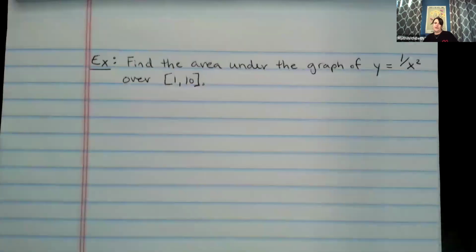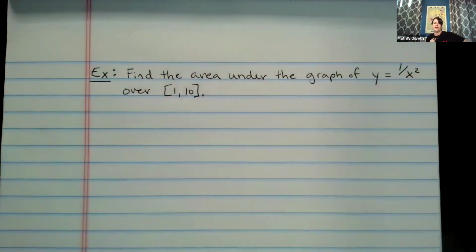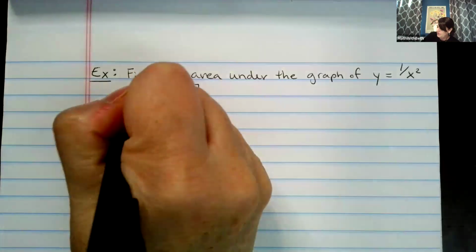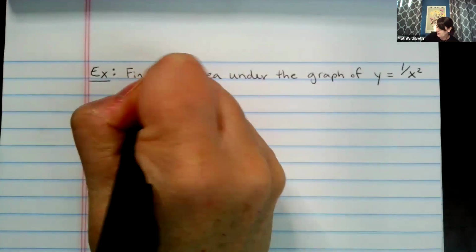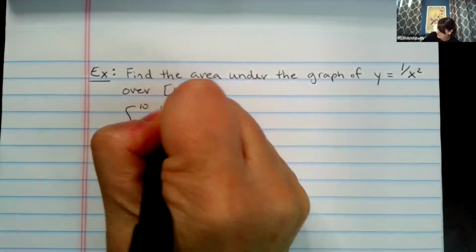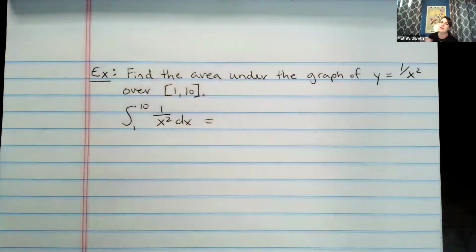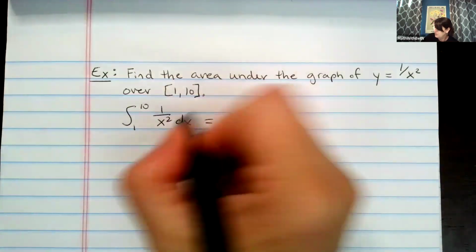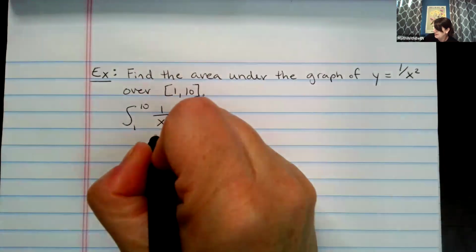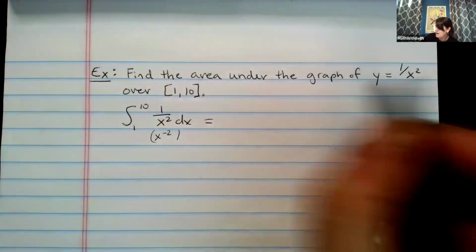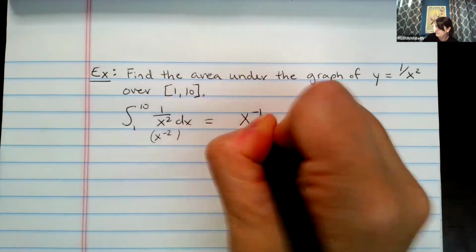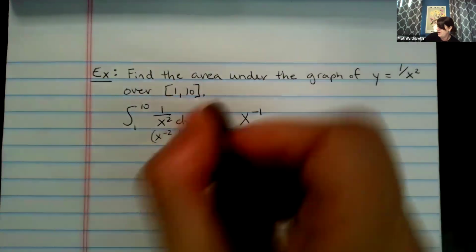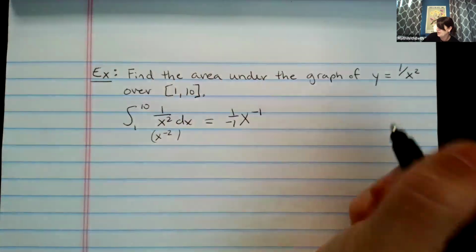So if we wanted to do something like this, find the area under the graph of 1 over x squared from 1 to 10, we could set that up with an integral. And now we solve that by doing the antiderivative. Since this is really x to the -2nd, I can add 1, which gives me -1, and divide by that.